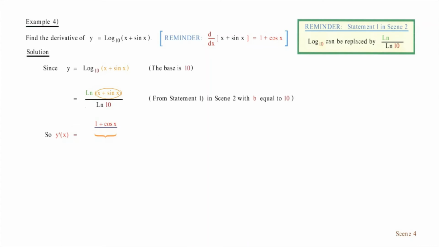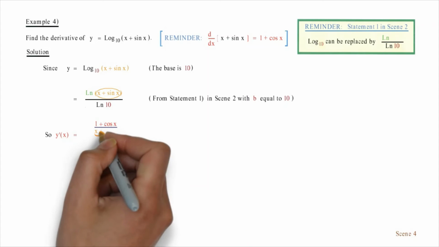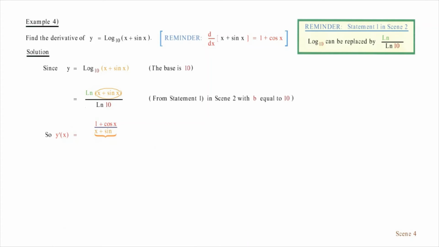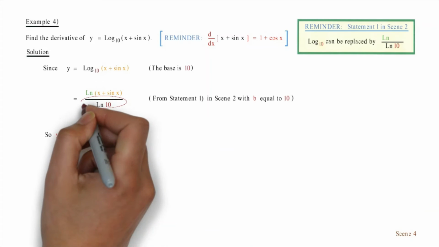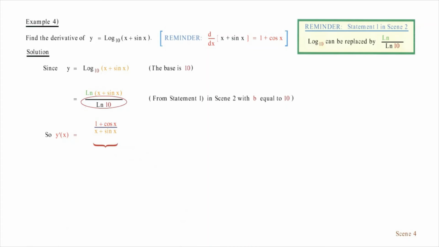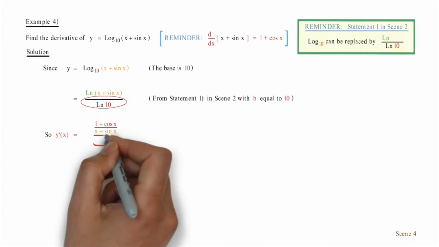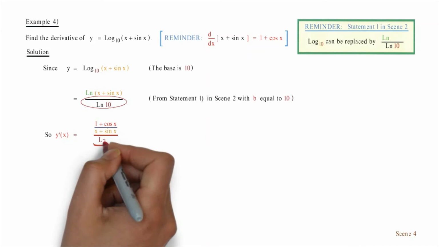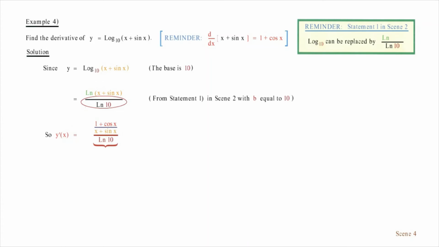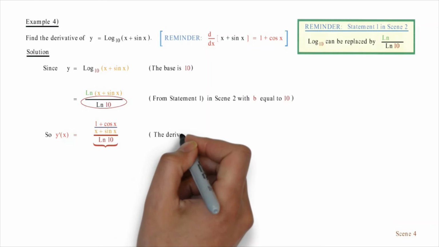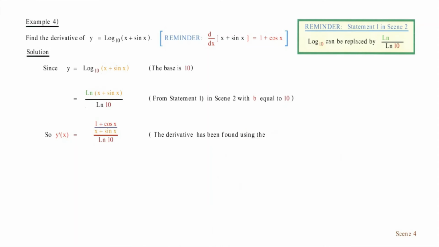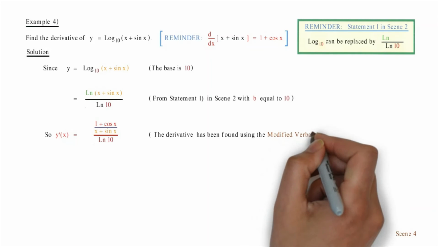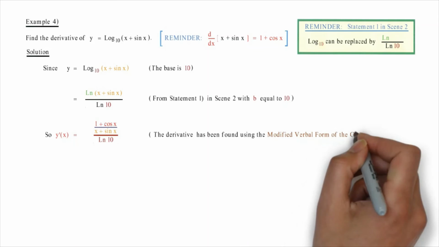So substitute x plus sine of x divided by ln of 10. The derivative has been found using the modified verbal form of the chain rule.